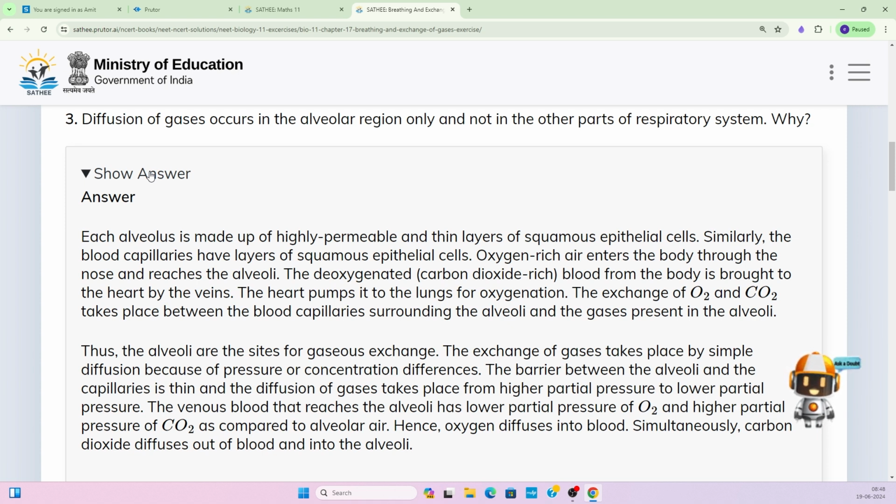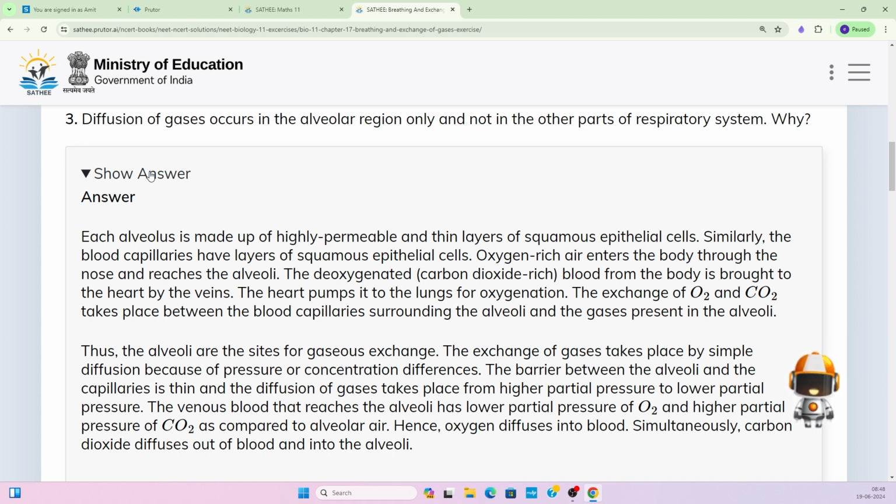Each alveolus is made up of highly permeable and thin layers of squamous epithelium cells. Okay, so if you see the cells of alveoli, they have squamous epithelium cells.